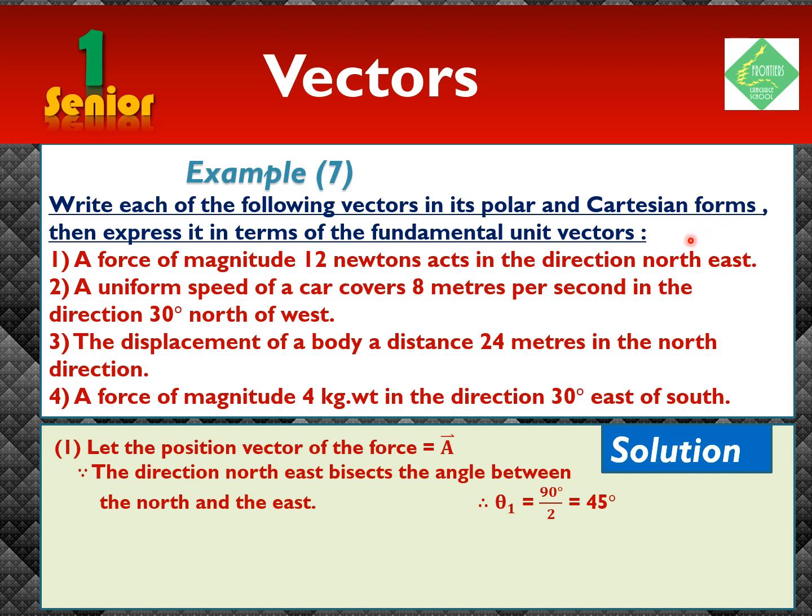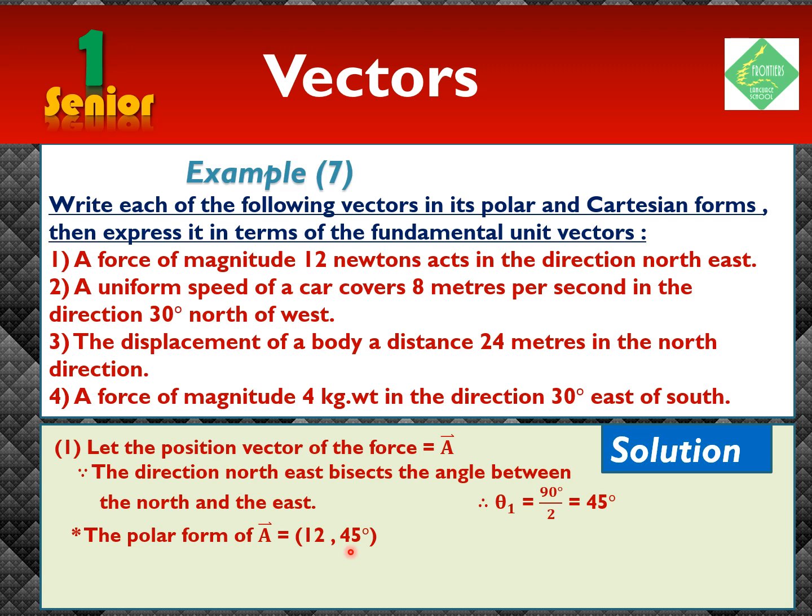Because northeast is the inclination angle with the x-axis between the north and the east. So let the vector be A, and the direction will be at 45 degree inclination with the x-axis. So the polar form will be equal to (12, 45 degree).